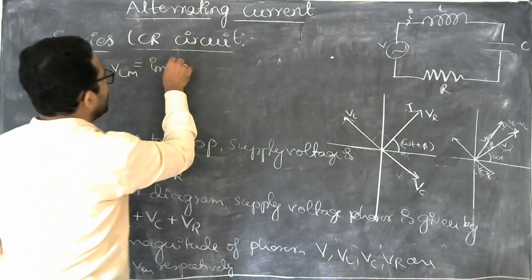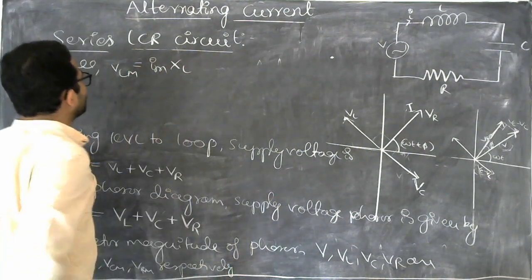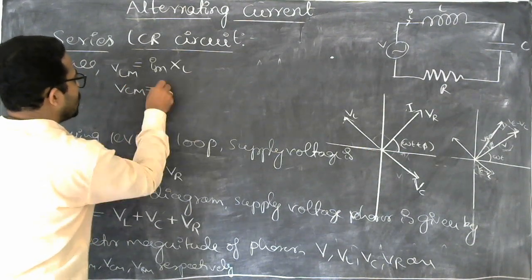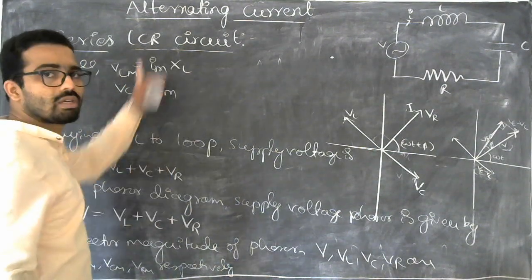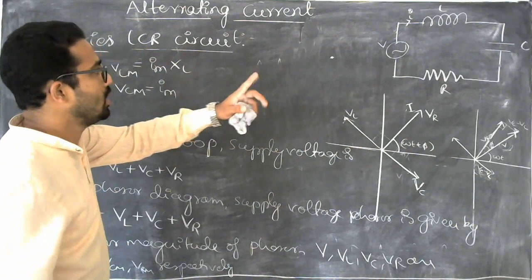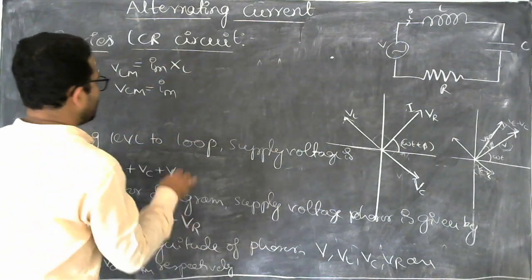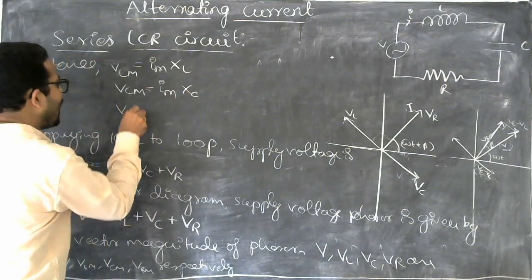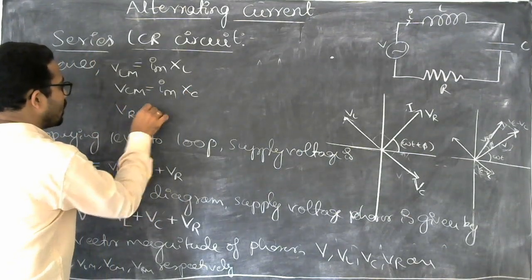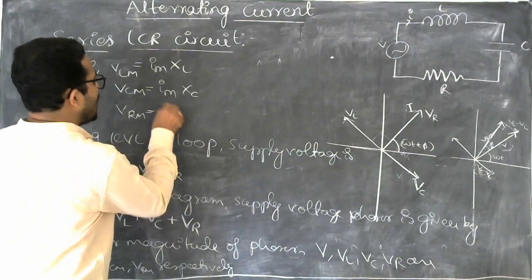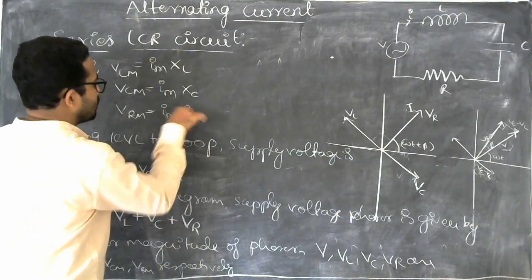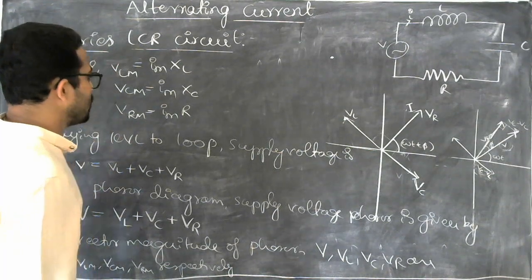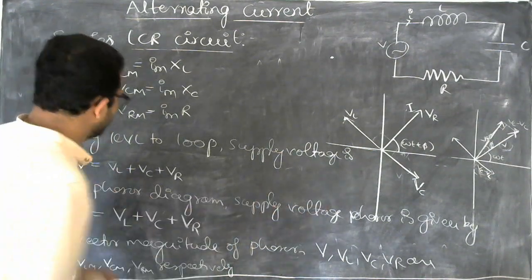That is why IM into XL. Similarly, VCM is equal to IM, because the same current is flowing through all the components, into XC. VRM is equal to IM into R. So these are the magnitudes, the peak values of those phasors.